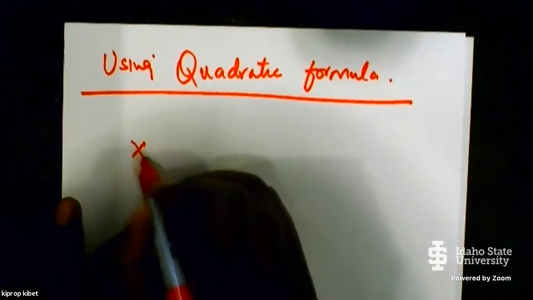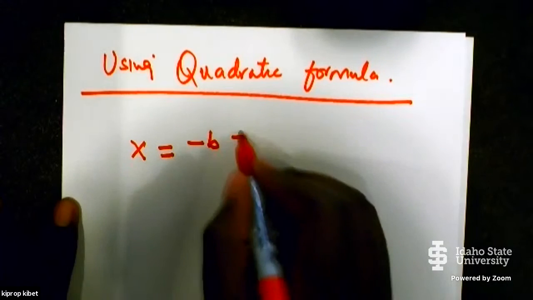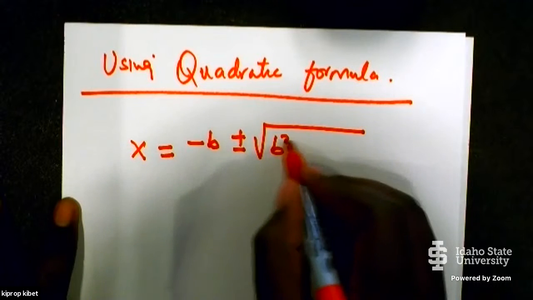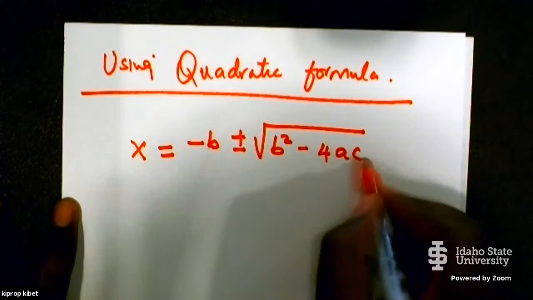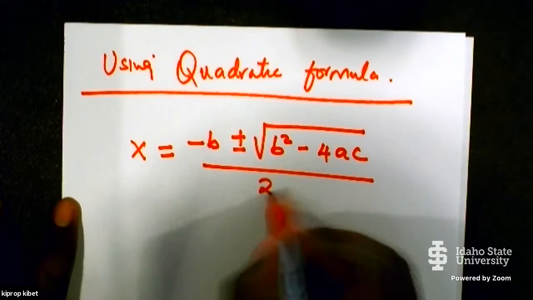So we got a formula of this form: x equals minus b plus or minus the square root of b squared minus 4ac, all over 2a.